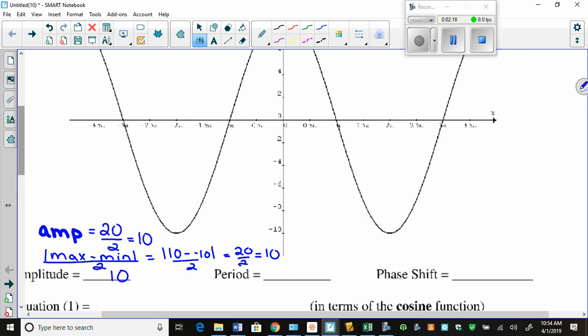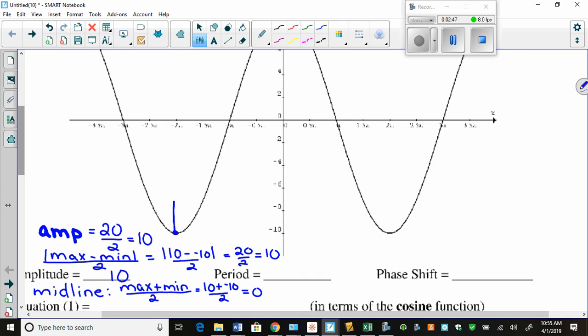Okay. The next thing I'm going to do, it's not written on here, but I'm going to do midline. The midline, you can use max plus min divided by 2, which would be 10 plus negative 10 divided by 2, which is 0 divided by 2, so it's at 0. Or you can count up your amplitude from the minimum.